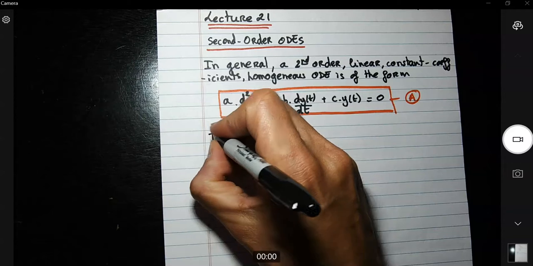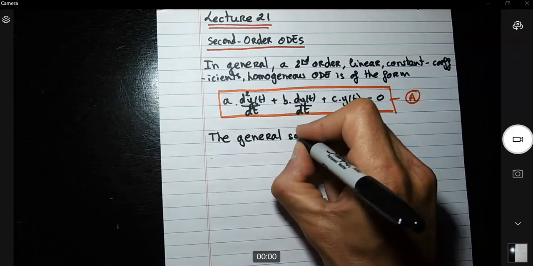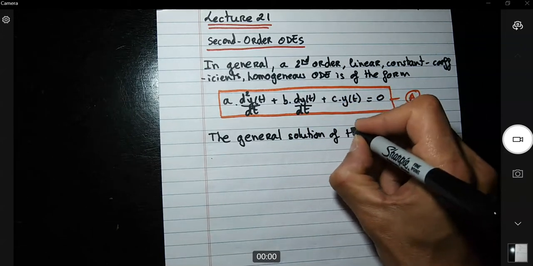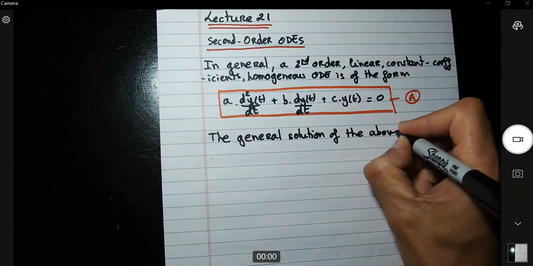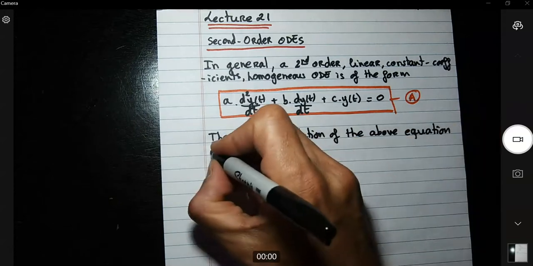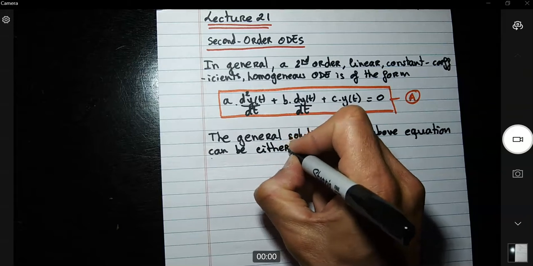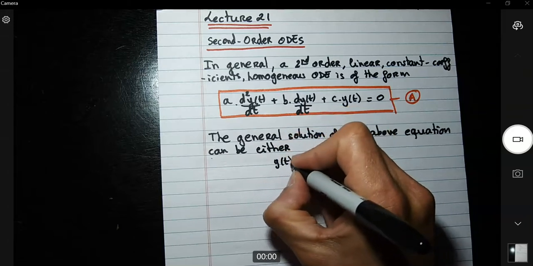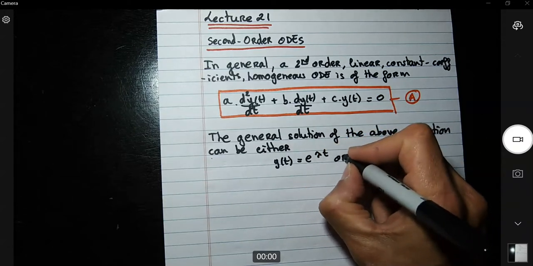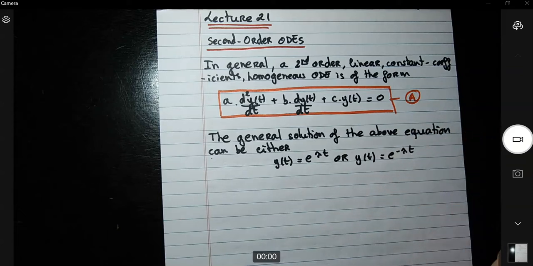Now, the general solution of the above equation can be either y of t equal to e lambda t or y of t equal to e minus lambda t.